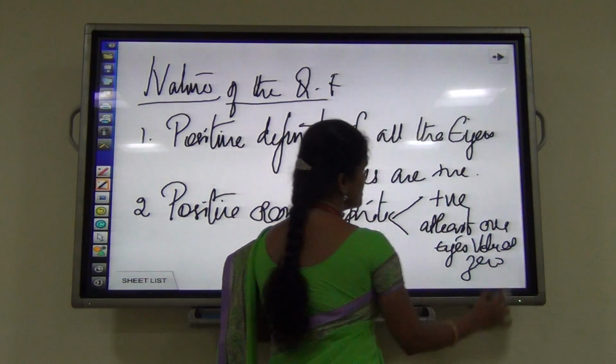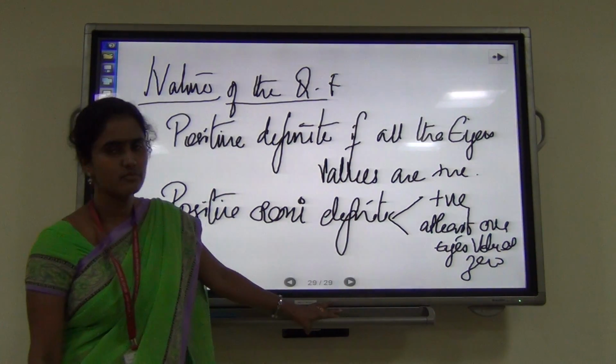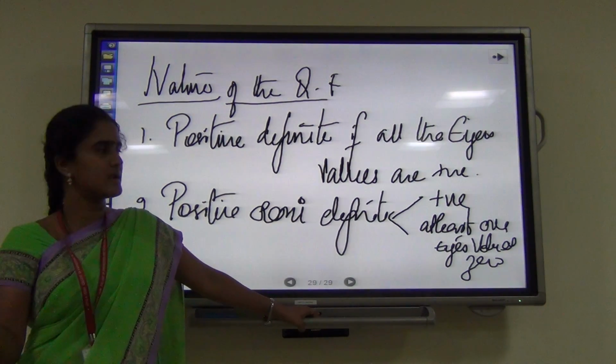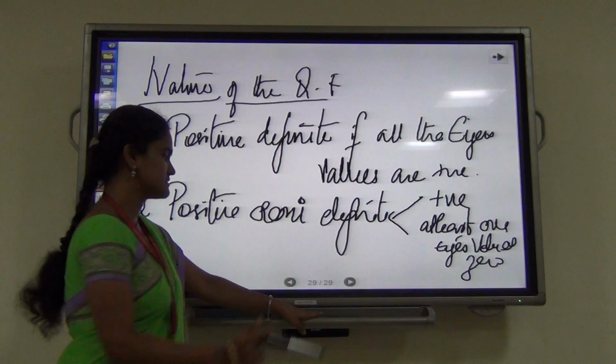It means that two of the eigenvalues could be positive and one of the eigenvalues is 0, then we call the nature of the quadratic form positive semi-definite.